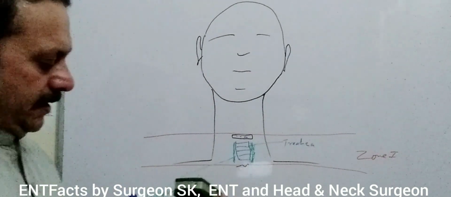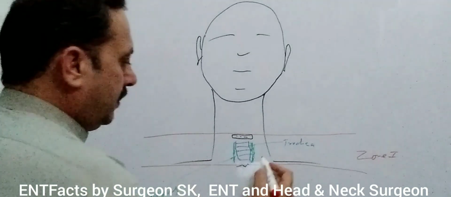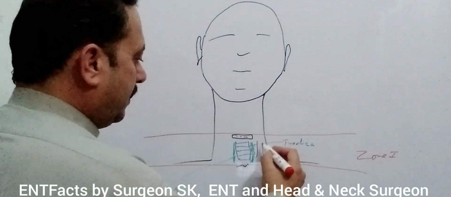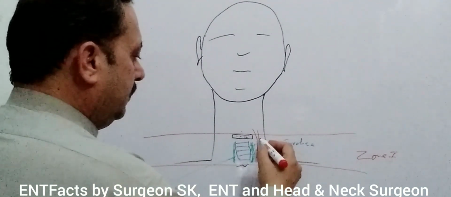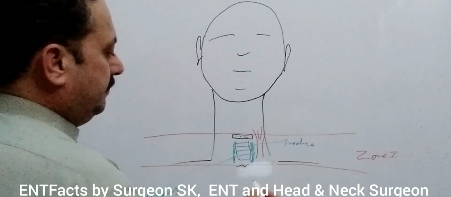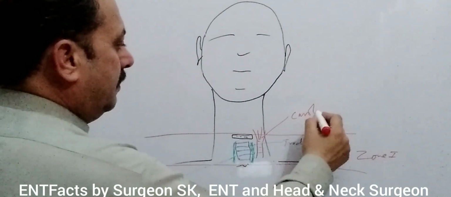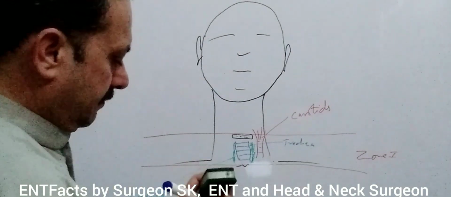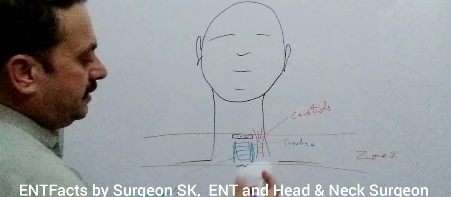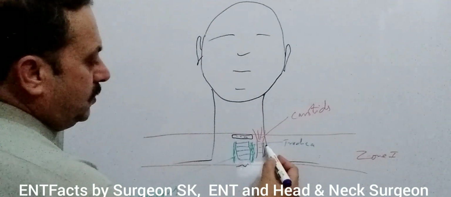Just on the sides, there are carotid arteries, a common carotid, which then divides into internal and external carotid. Just lateral to that is the jugular venous system.